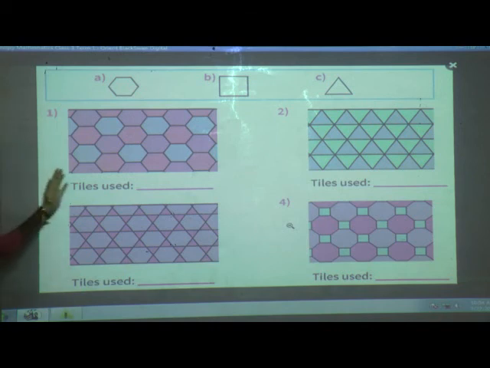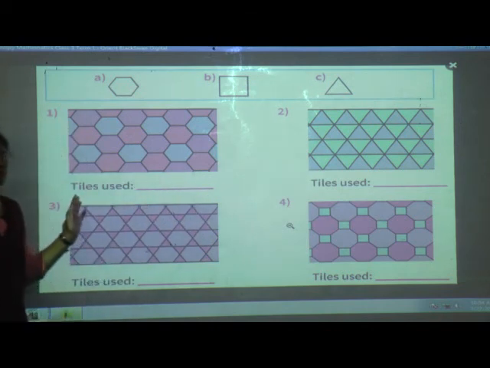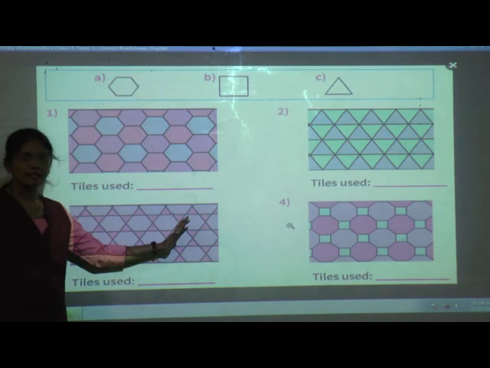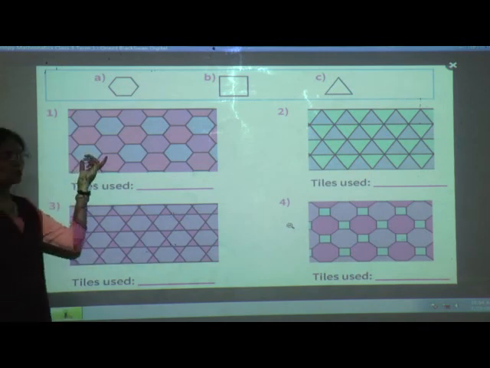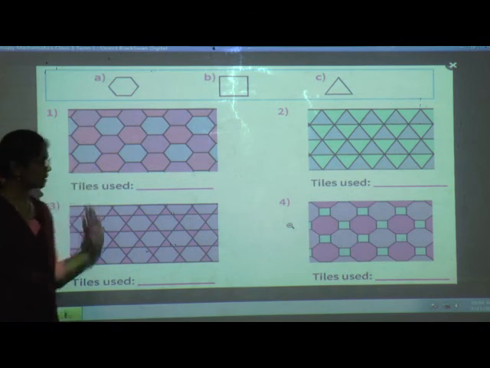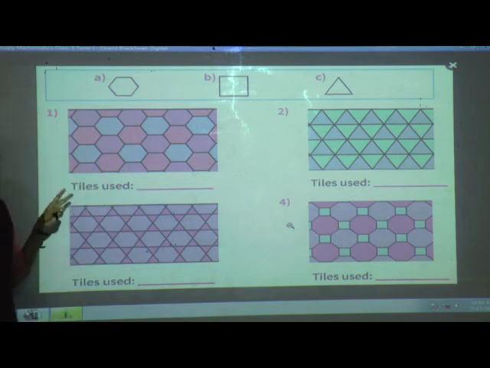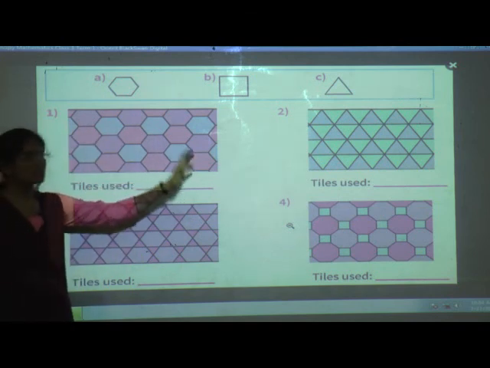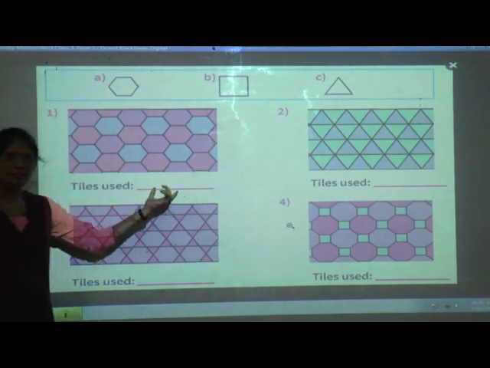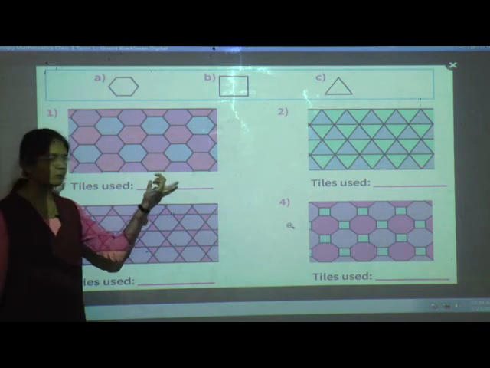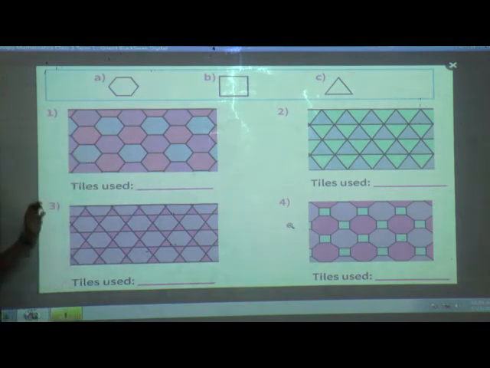Now here they have given patterns with tiling. In each pattern sometimes they have used only one shape, but somewhere they have used two shapes. Which shapes they have used, that shape we have to select from the box, and only that shape we have to draw here. Okay, now see this first.